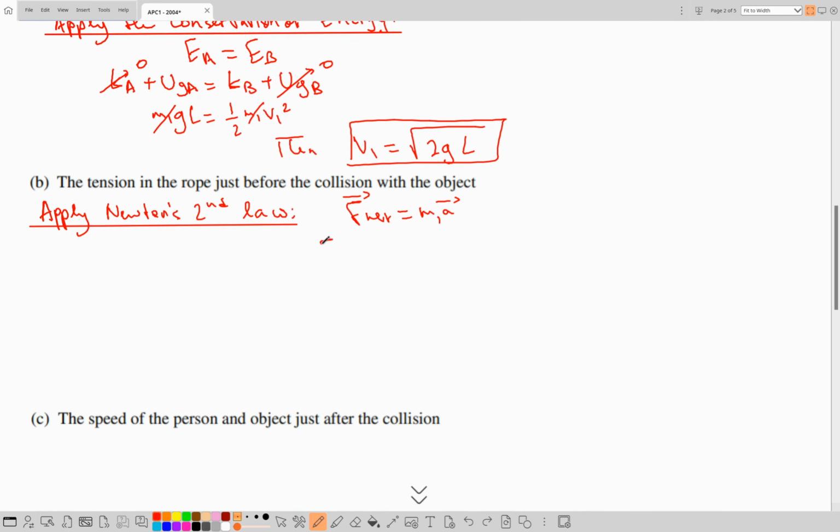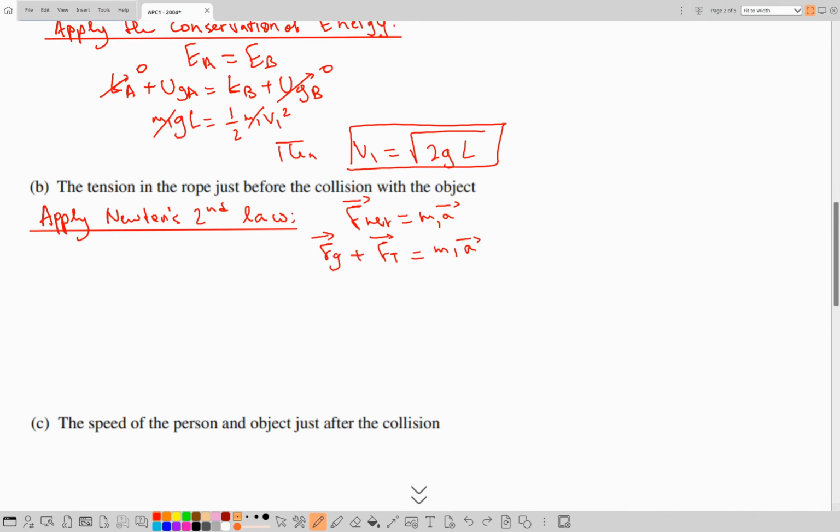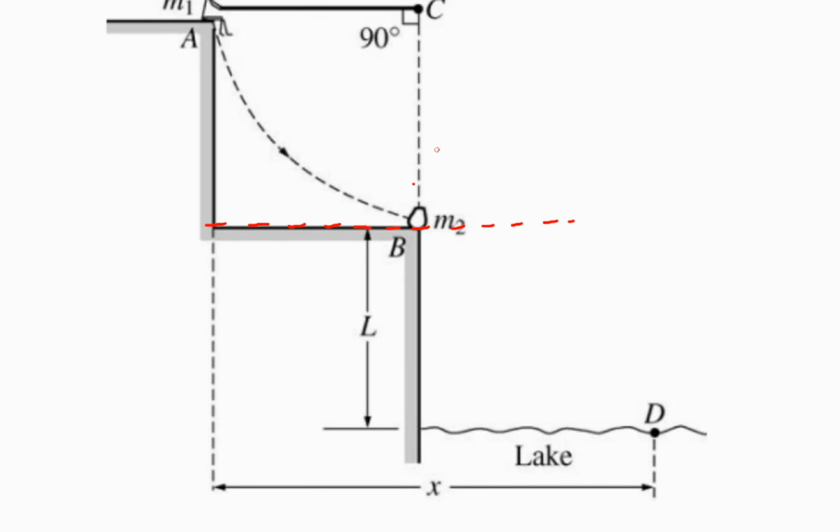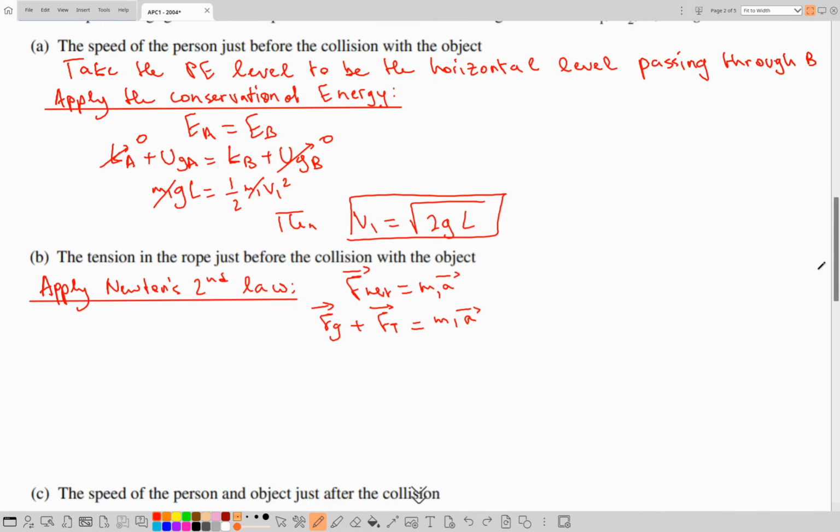So I would say the pull of gravity Fg plus the tension force equals m1a. Now we know that this is a vectorial equation. It gives birth to two linear equations, but we're only considering the tension at this particular location, which is along the centripetal direction. So let me say projection along the center.